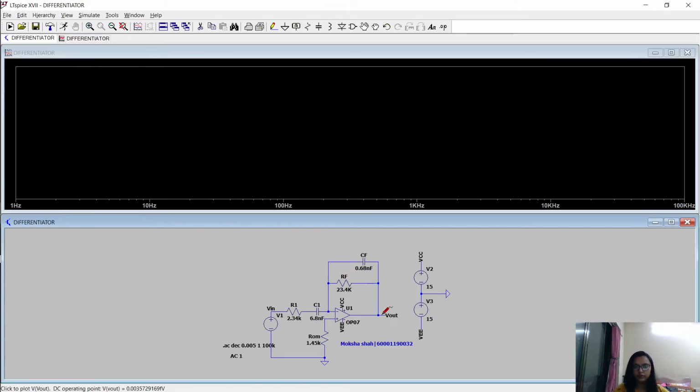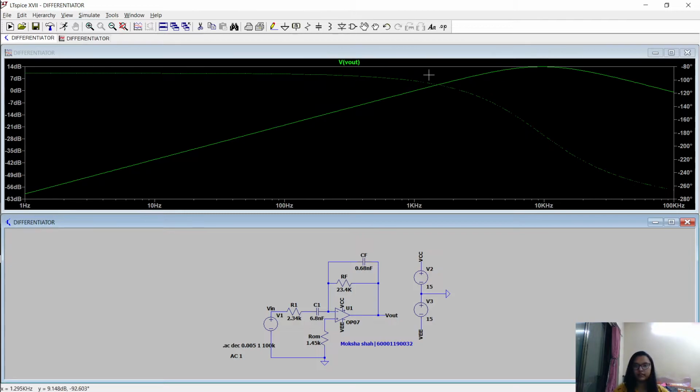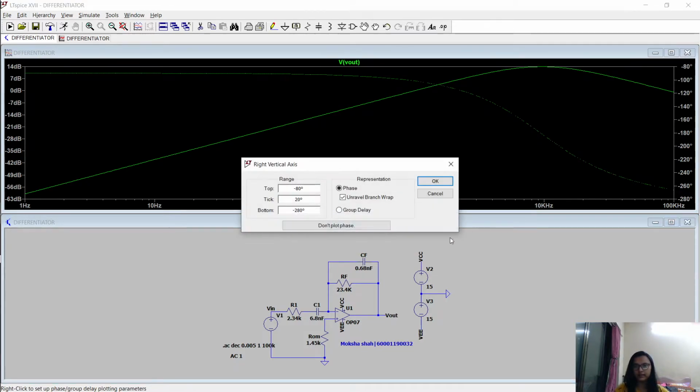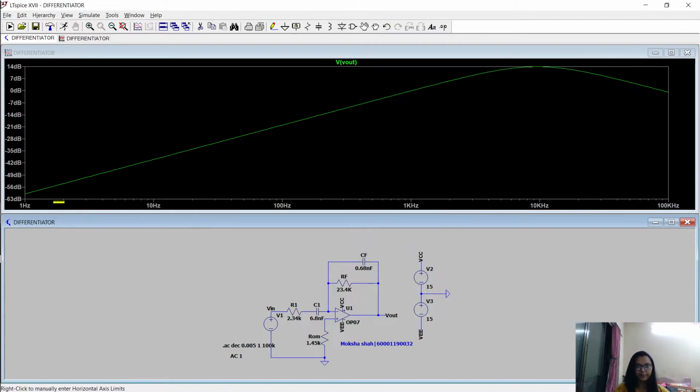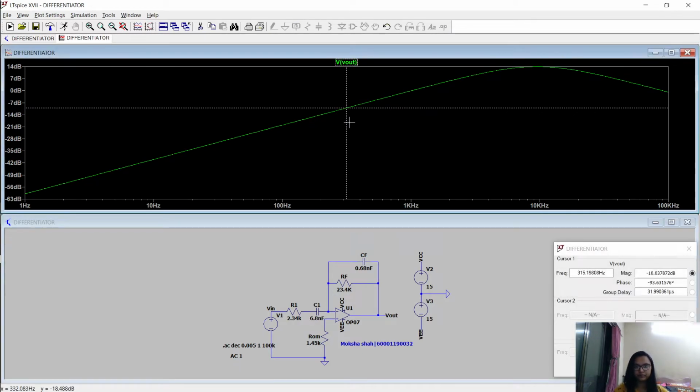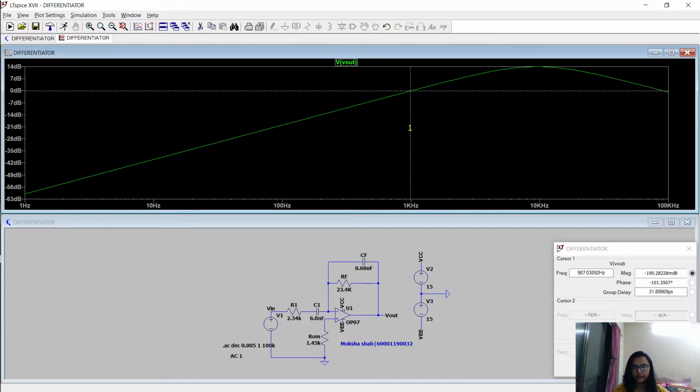At the output side, you are getting a frequency response as well as the phase response. To look at the frequency response first, at the right side, right click and click on don't plot phase. In the frequency response, if I left click and drag it to 1k hertz, I'll drag it to exactly 1k hertz so you can understand more clearly.